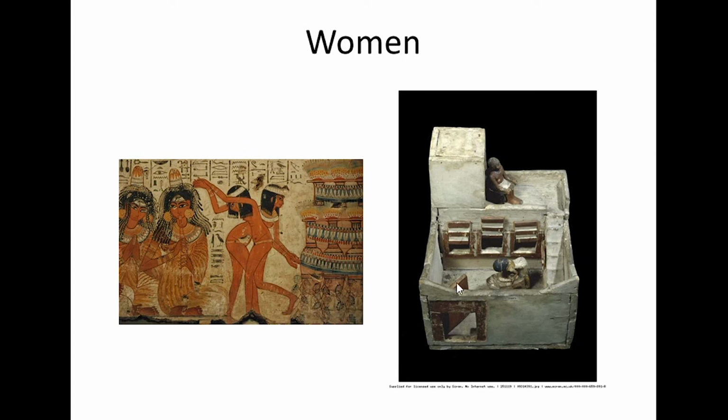We're back on the right here to a tomb model of a granary and bakery. You can see a male figure sitting on the roof, sunning himself and supervising.